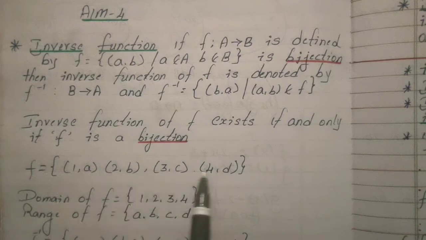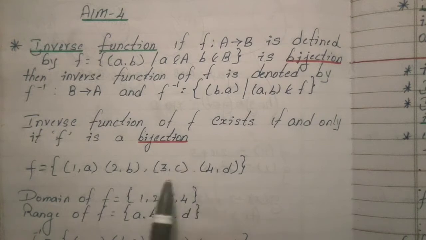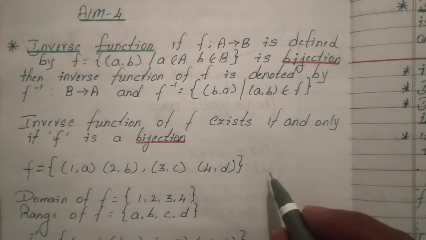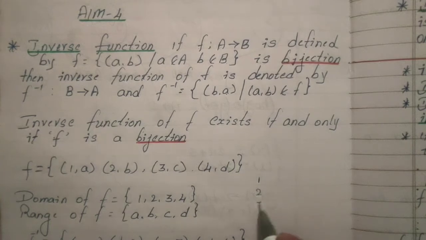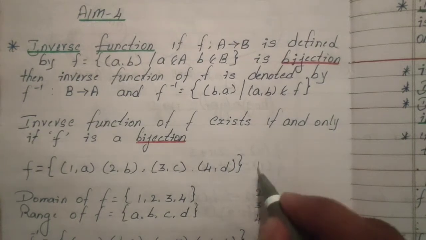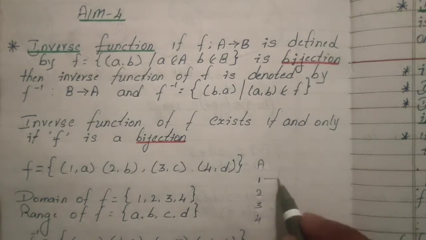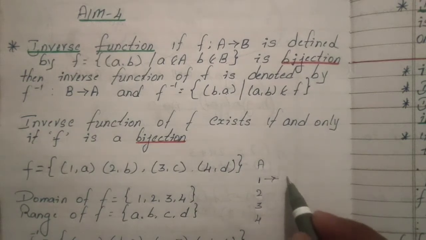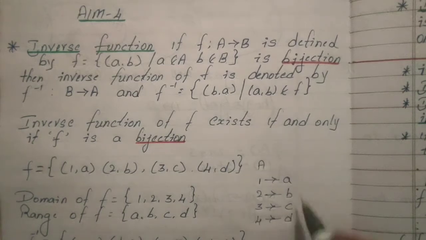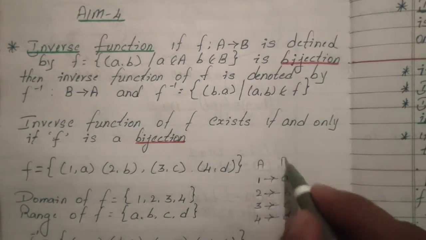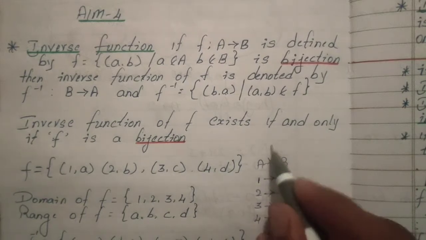So 1, 2, 3, 4 belong to set A. a, b, c, d belong to set B. This is the f function.